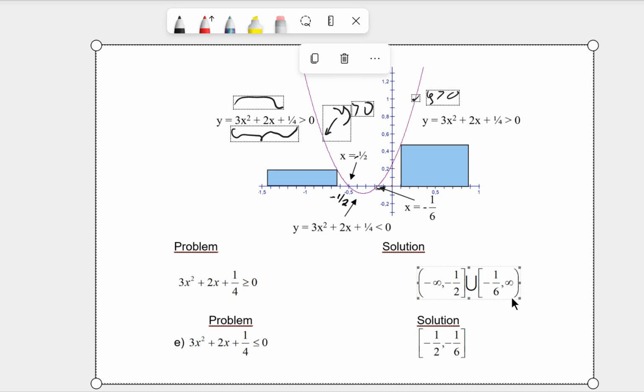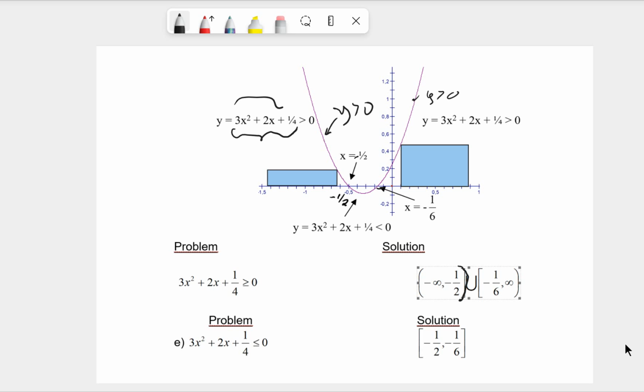But if you want only the solution for greater than, you have to change this closed interval to an open interval, with a parenthesis: minus infinity up to minus 1/2, without including minus 1/2, union minus 1/6 to infinity, without including minus 1/2 nor minus 1/6.